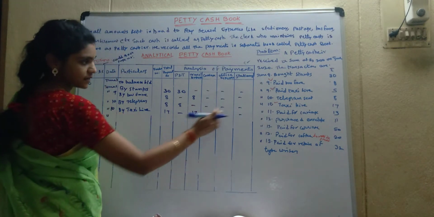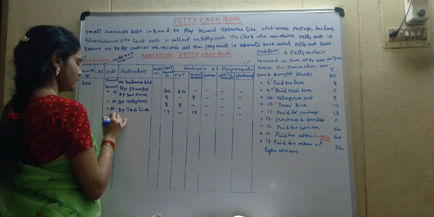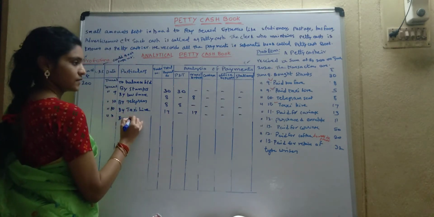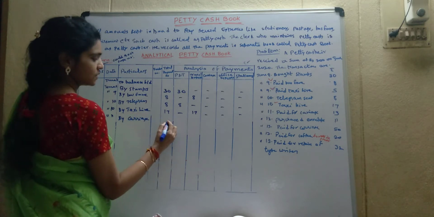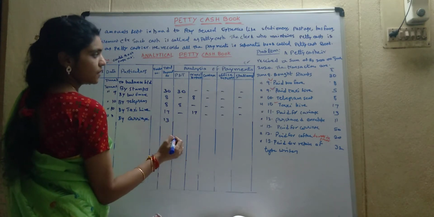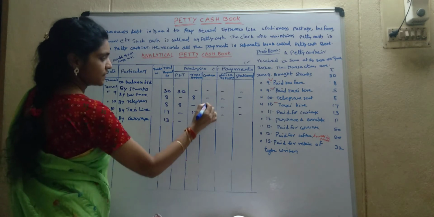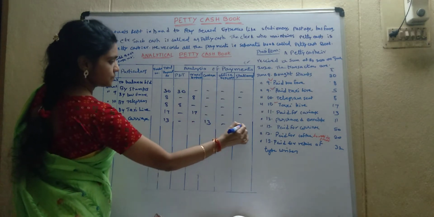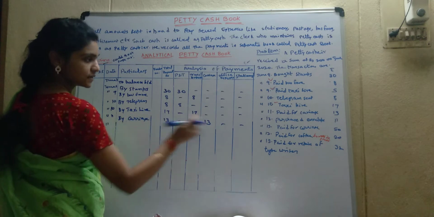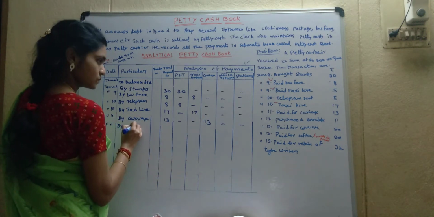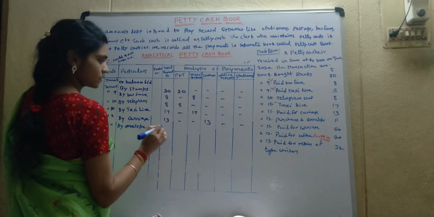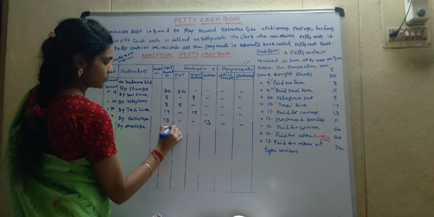And on the 11th, by carriage. What's the amount? 30. Yes, we have to enter it in the carriage column. And on the 12th, by envelope, 11 rupees.